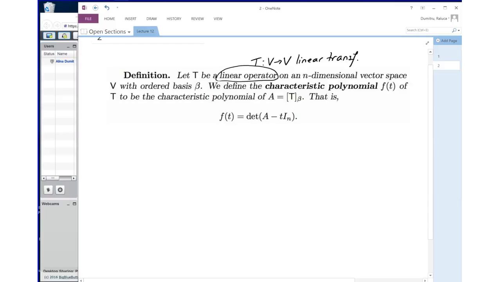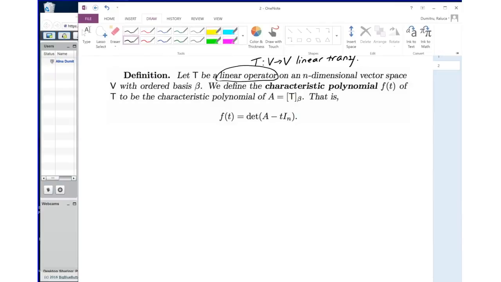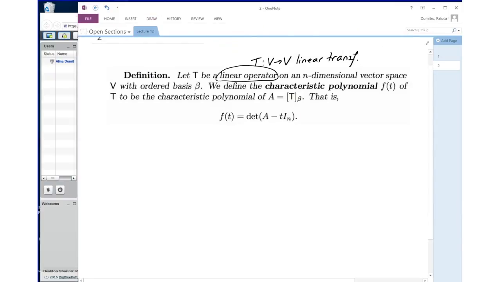The domain and the codomain are the same. So T is a linear operator. Then we define the characteristic polynomial of T. Pretty much f of t is the determinant of A minus t identity.